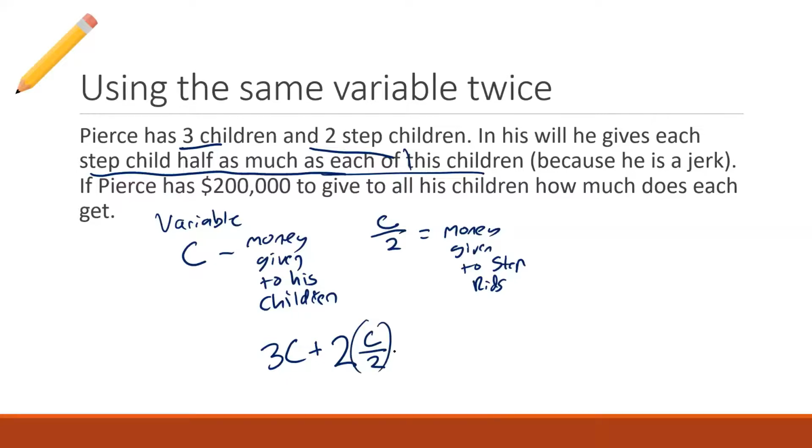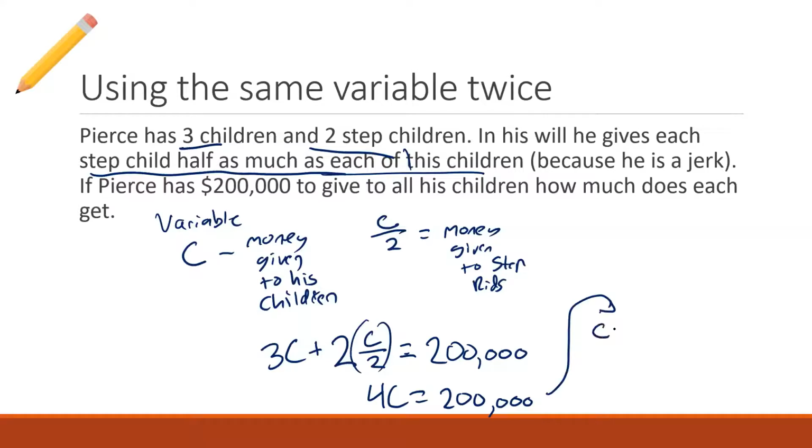And when you add up all the money that they each get, that needs to equal $200,000. Now, if we simplify this, this becomes 4C equals 200,000, which means that C equals $50,000.